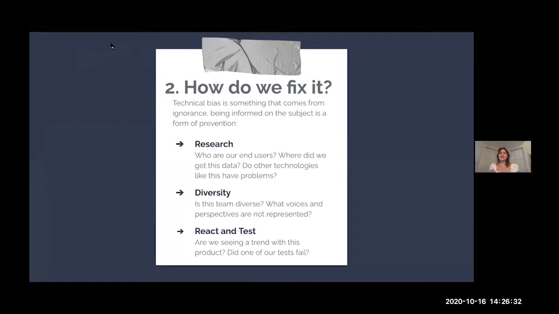I have a few proposals, and a few backings for those proposals, but really it comes down to a few different things. One is research. Who is our actual end user? We want to design and build technologies with the person that is going to use it in mind. Where did we get this data? So if we're going, okay, I'm going to design for the end user, my end user is someone that lives in Manhattan, New York, and then we go, okay, well, I live in Manhattan, New York, what are all the characteristics of someone in Manhattan, New York?